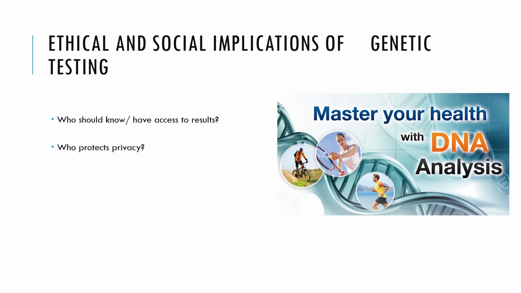Genetic testing can reveal information that can affect family members, or when a whole family is tested, it could reveal relationships that are different than what were thought, right? There was an act back in 2008, the Genetic Information Nondiscrimination Act, that protects people from discrimination by employers or health insurance companies because they found something in the genetics.